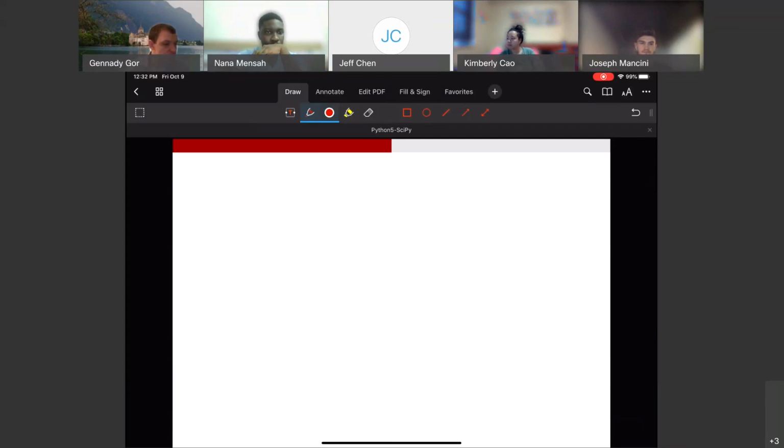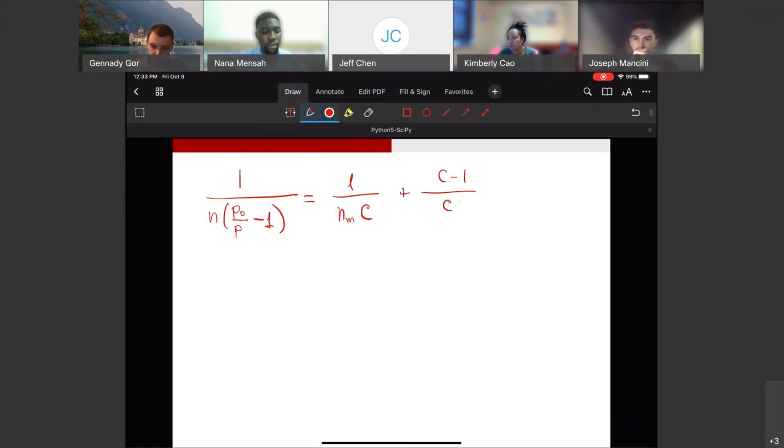So if you take the adsorption data and represent the BET equation in the following form, 1 over n times (P naught over P minus 1) equals 1 over (n monolayer times C) plus (C minus 1) over (C times n monolayer) times P over P naught, you will get a simple linear dependence, which is perfect for curve fitting.